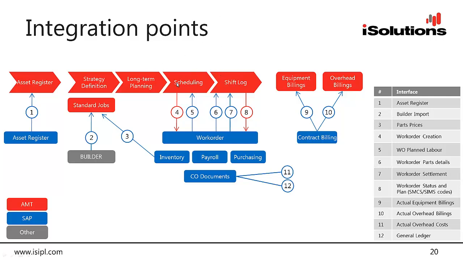At that point, the users will create a work order in SAP, and AMT will just trigger the creation of that work order. So the user doesn't have to manually go and create that work order again in SAP. The interface will create that work order.